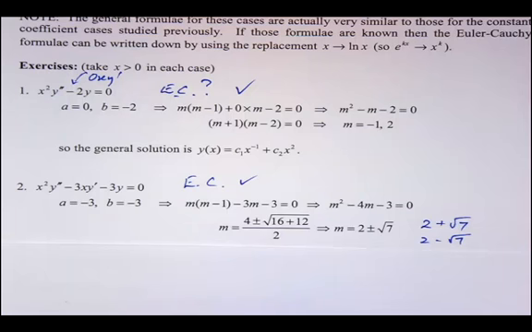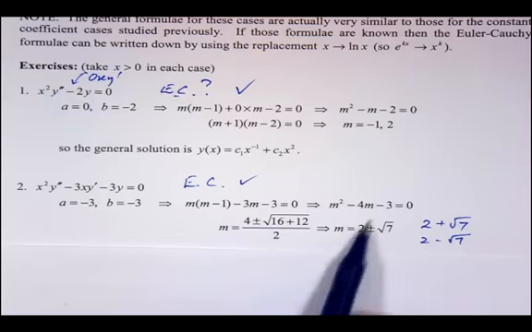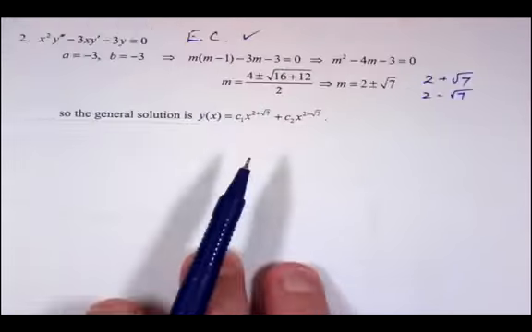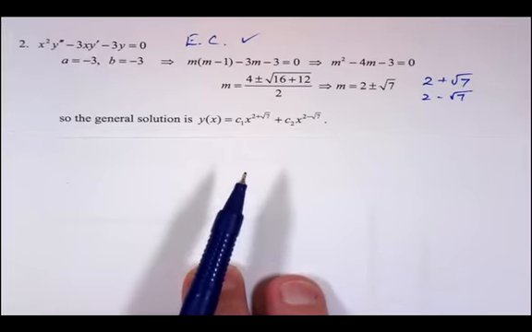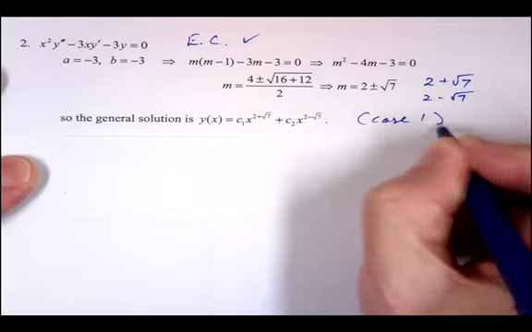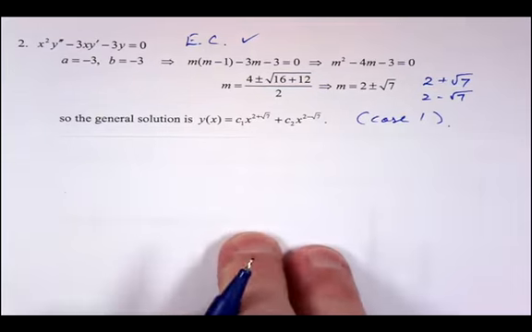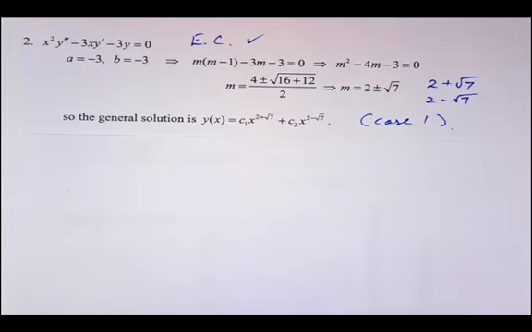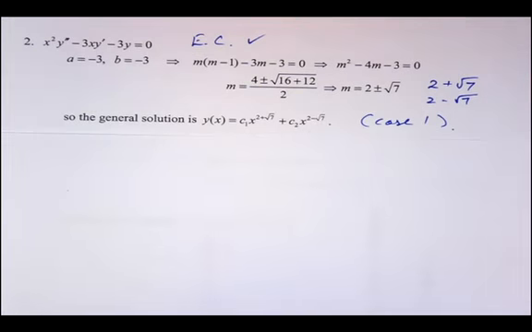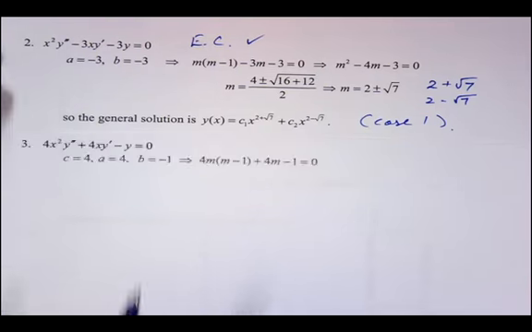Okay, so they're just 2 different numbers, even though they've got this plus or minus business between them. And just because they're 2 different numbers, that means that it's still case 1. And we just put those in as powers. This is a positive power, this is actually a negative power. Good. Next exercise.